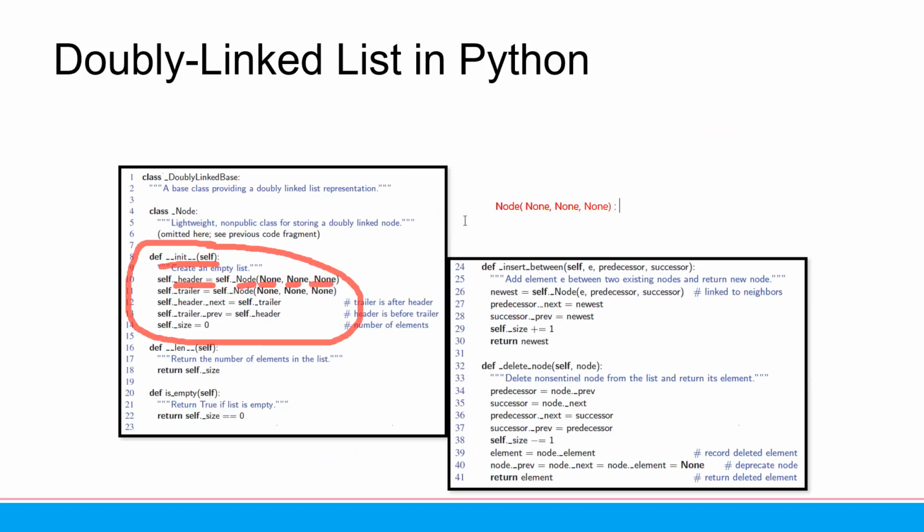We have three kinds of data members. The first data member is the element. The second data member is the next. And the third data member is the previous. That's why we have three parameters. Because this is a special node, we just put None for everything. And we also create another node for the trailer.